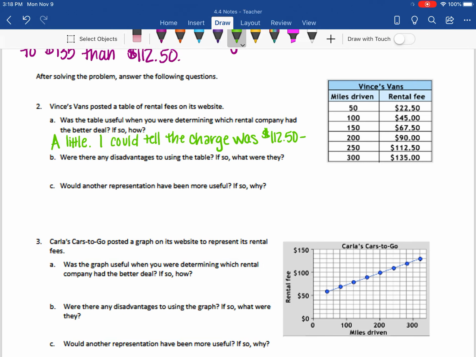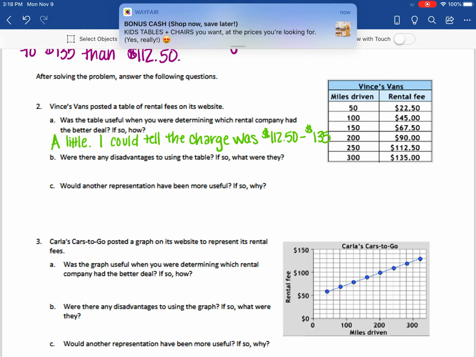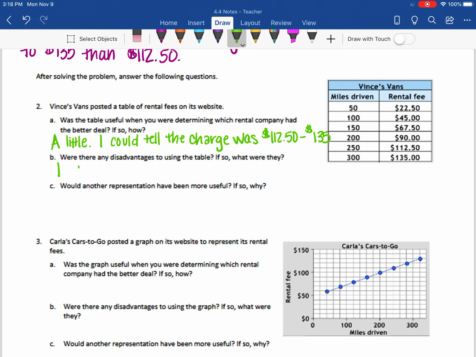So I couldn't get exactly, but I could get a rough estimate. So it was somewhat useful. Were there any disadvantages? So I would say the major disadvantage for me is that I couldn't tell the exact cost for 280 miles.